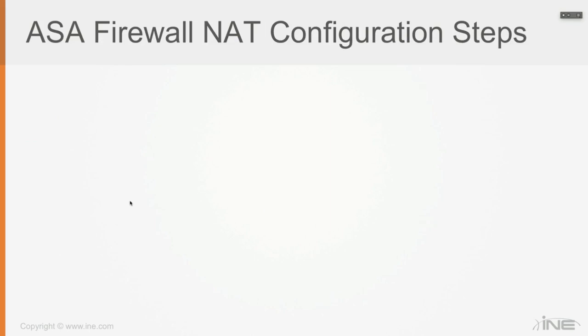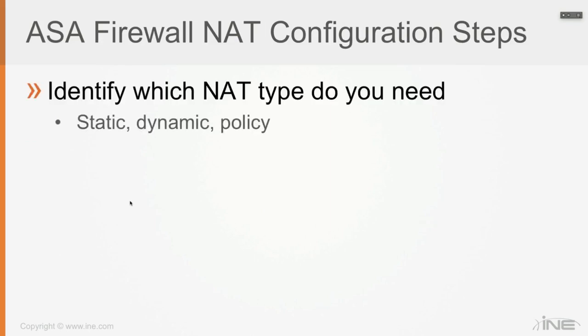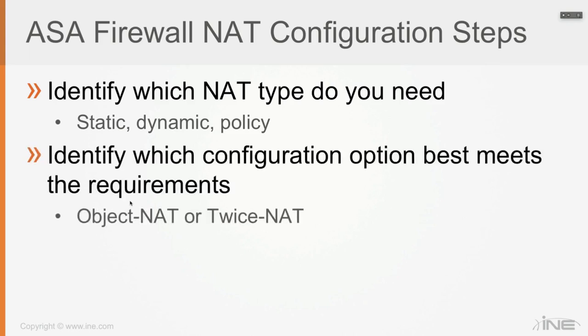Now, configuration steps for NAT. We first have to identify which NAT type we need: static, dynamic, or policy NAT. Then we have to identify which configuration option best meets the requirements, like object NAT or twice NAT. In general, both of them support all NAT types except policy NAT, which is only supported by twice NAT.